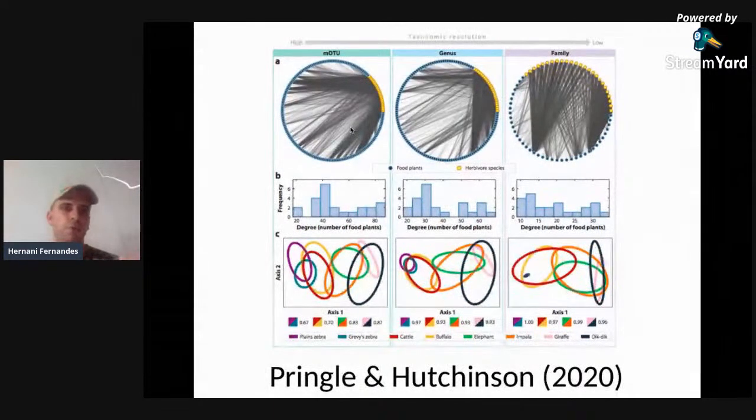If you focus on MOTUs or species, you have a network with a certain structure, but if the resolution of your network goes to genus level, you have a different perception of these interactions. I'm going to talk about this later in more detail in the talk. And if you go to family level or a higher taxonomic level, when you're lumping together interactions from different species, you also change a little bit the structure of the network of interactions.